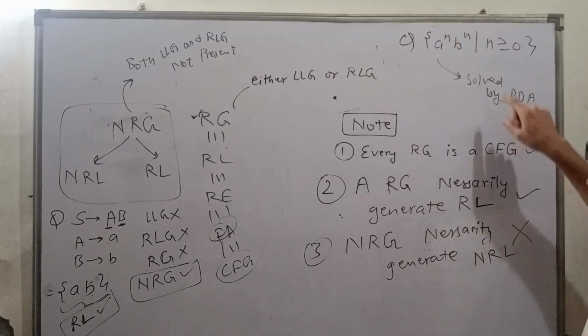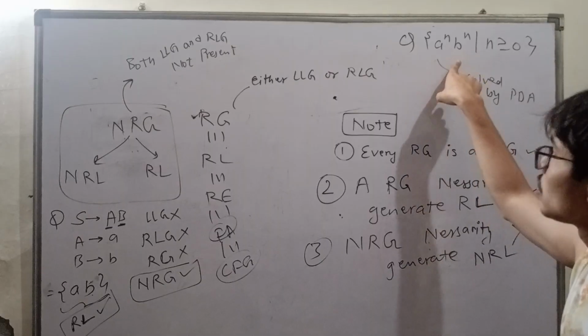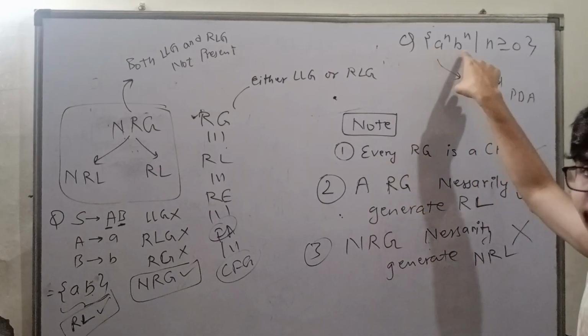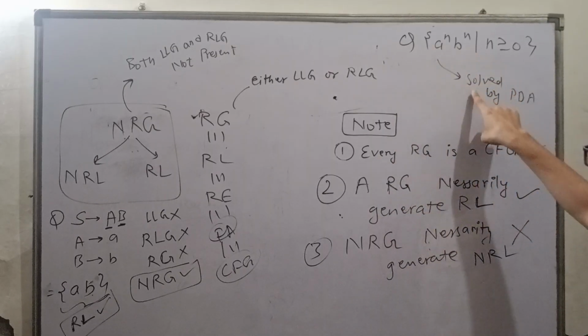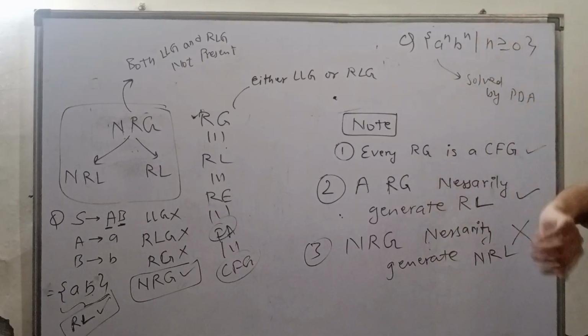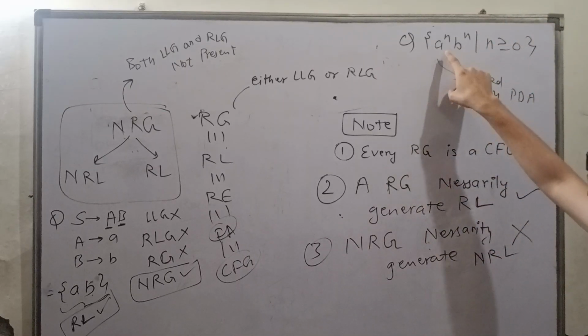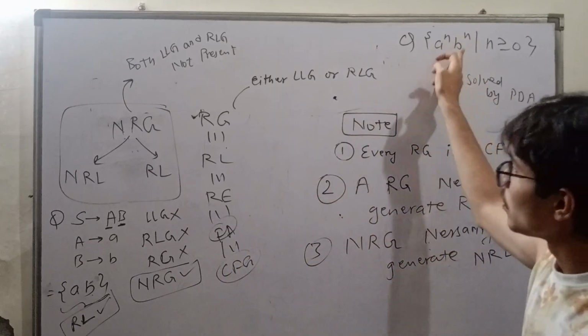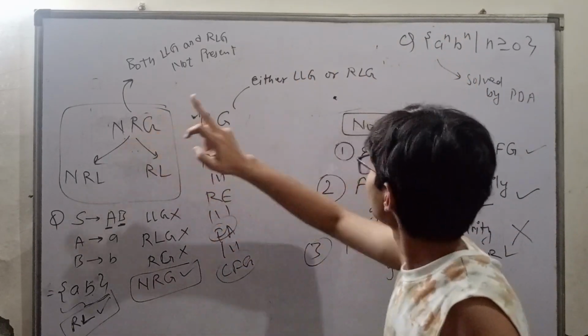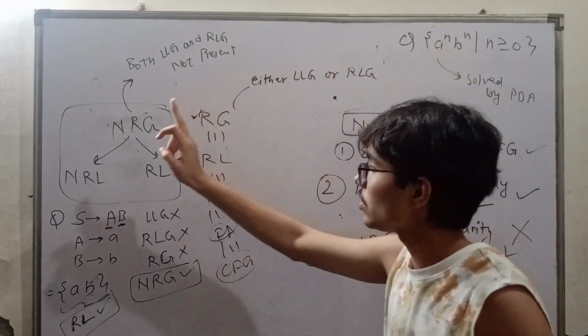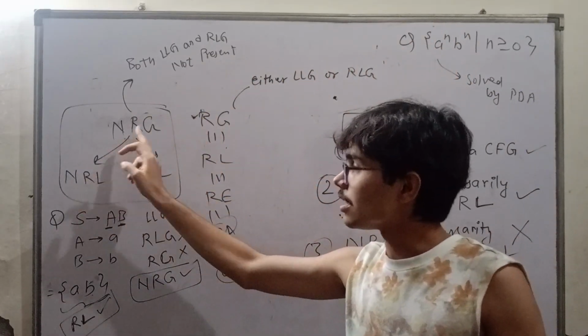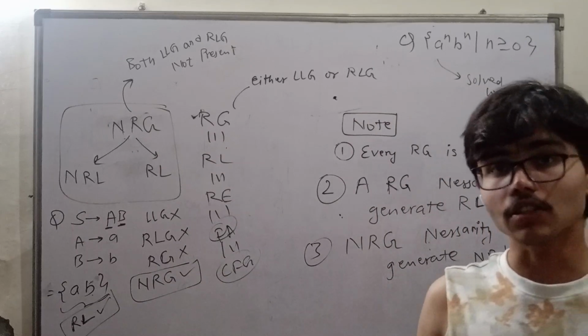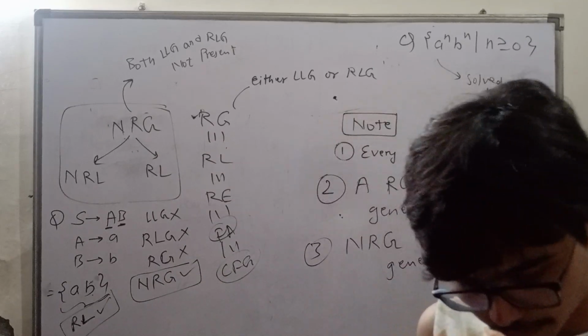This is a non-regular language, as you have to memorize the number of a's and the number of b's. Okay, this is solved by a PDA, which we study further. But till now we know this is a non-regular language, and it also has a regular grammar.